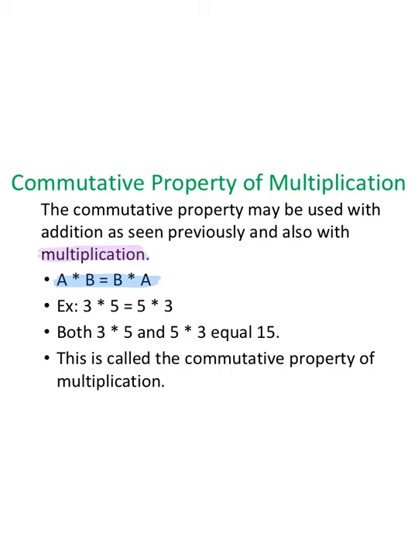Or an example with numbers, 3 times 5 is equal to 5 times 3. All those numbers did was switch places. Both 3 times 5 and 5 times 3 equal 15. This is called the commutative property of multiplication.